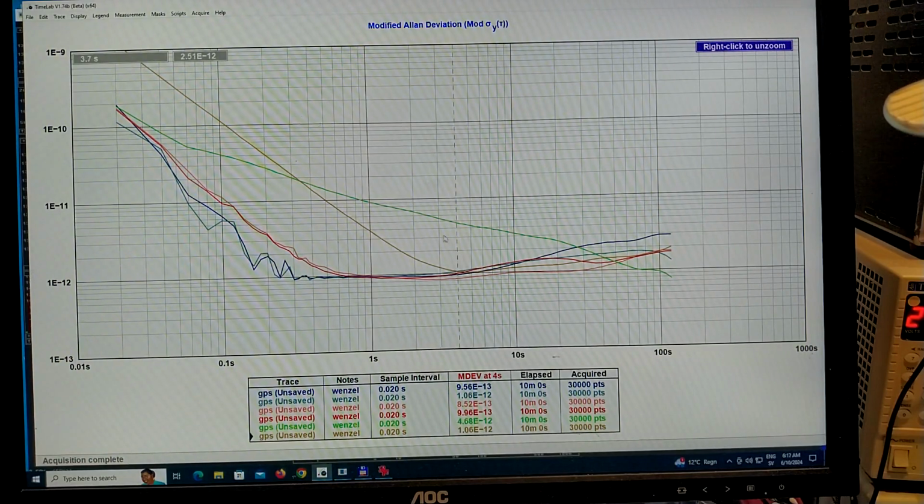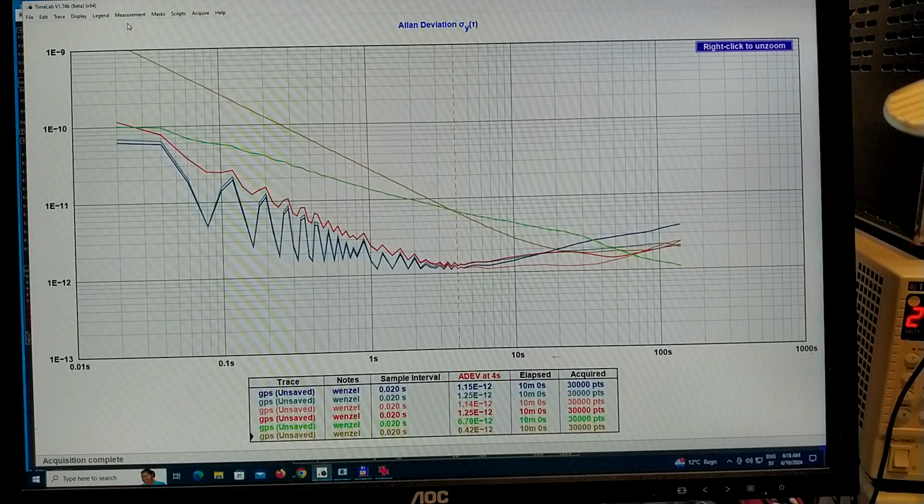I can set a mark there. And I go back to Allan deviation. And then it is much higher. So here is what people talk about. One can see the difference.